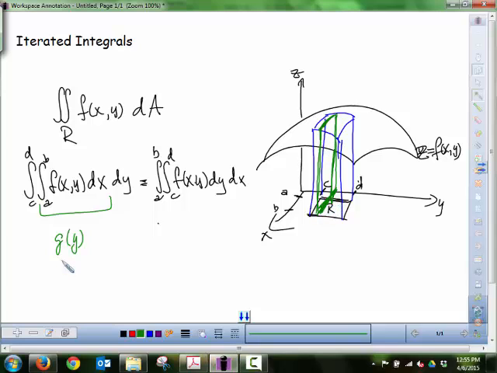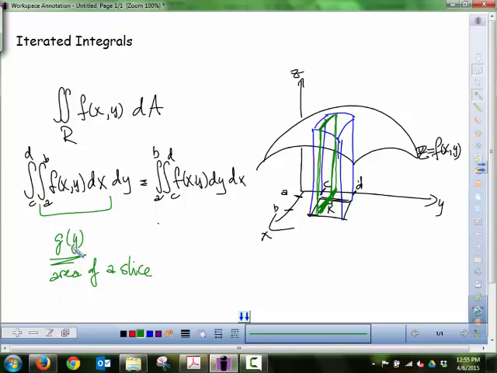You're getting an area of a slice of this volume from a to b. You're integrating from a to b where y is fixed, so you're getting an area there.